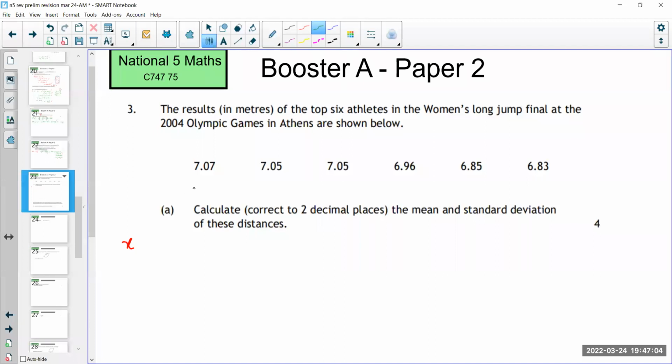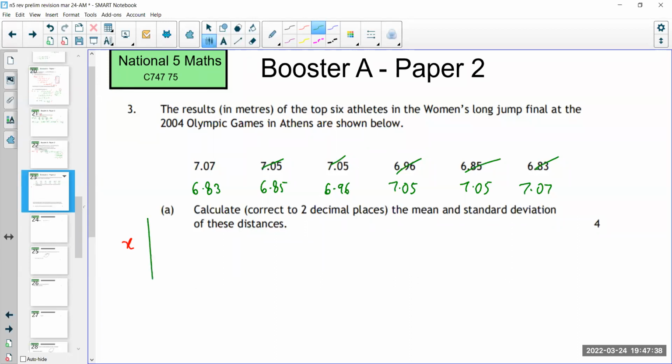I'm going to line them up from the smallest to the biggest. 6.85, 6.96, 7.05, 7.05, and the last one. Actually, they were already from the smallest to the biggest, no? I should have noted that. Anyway, so I know my mean is going to be somewhere between there.